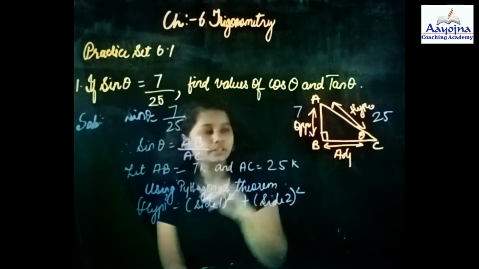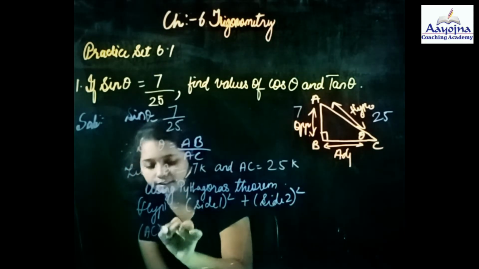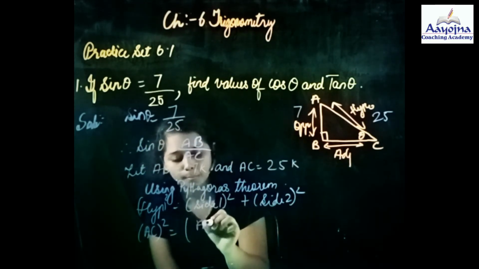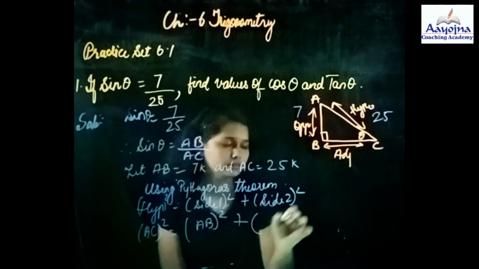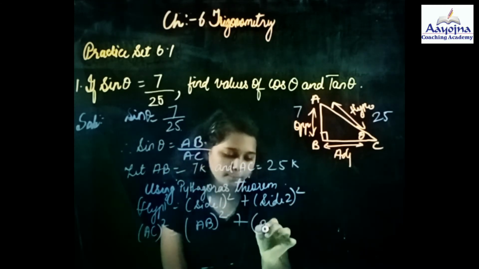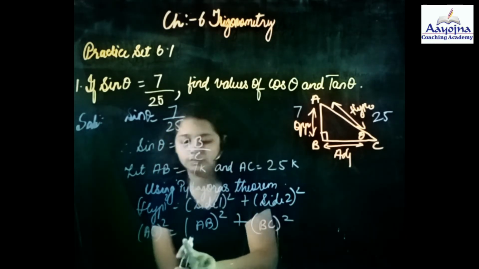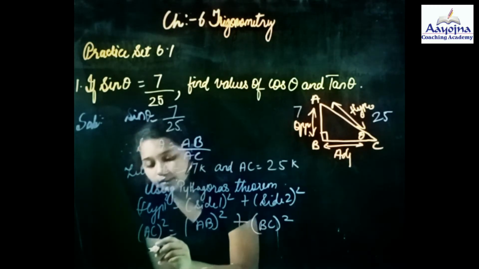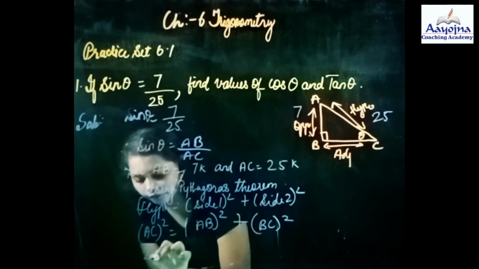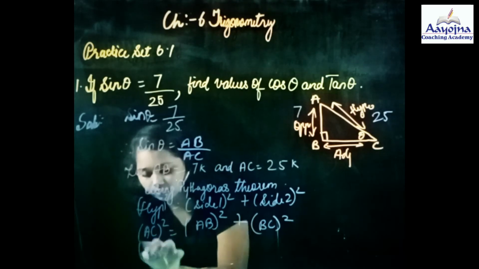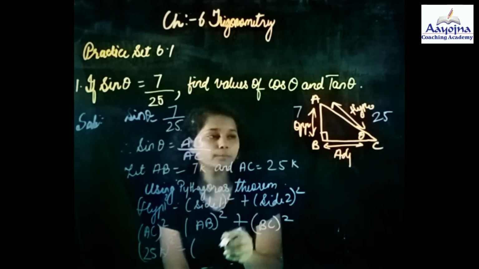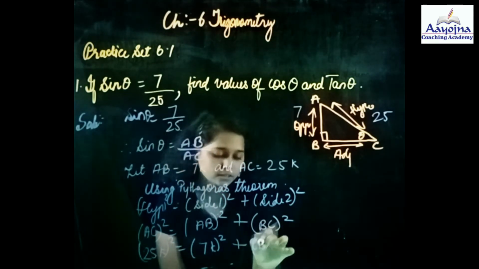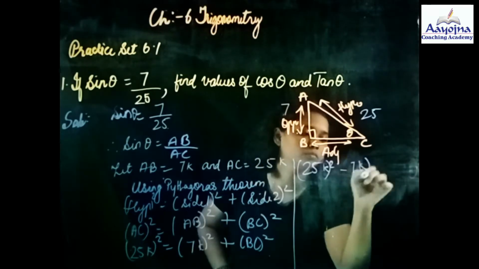So here the hypotenuse is AC, so it will be AC square is equal to side 1, we will take as the opposite one, that is AB, plus this is the side 2, that is BC square. Now we have the values for AB and AC, so we will substitute the values over here. AC square is 25K square is equal to AB square, 7K square, plus we don't know BC, so BC will remain as it is.